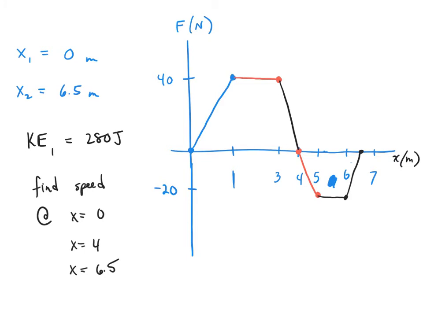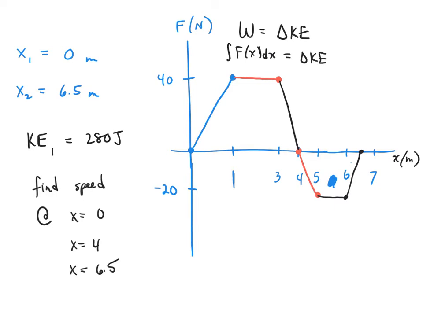How is it possible for the object to have 280 joules of energy right here? Well, what did we say the work kinetic energy theorem tells us? The work kinetic energy theorem says the work done is equal to the change in kinetic energy. Well, the work done is really the integral of the force function with respect to x, and that's still equal to the change in kinetic energy.